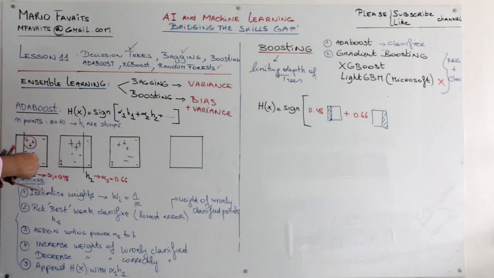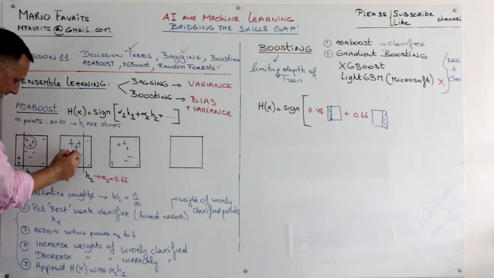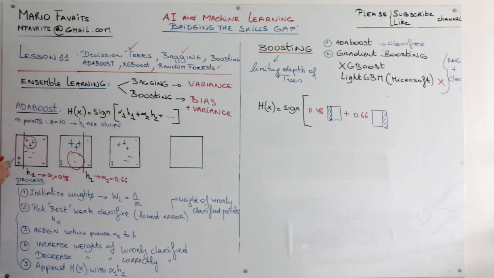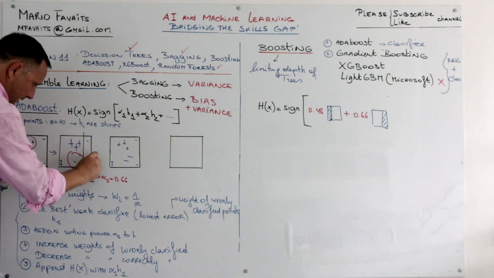Now again we look at the points that are misclassified. These are all correct. The ones that are misclassified are these 3 minuses here. So we go from here to there.